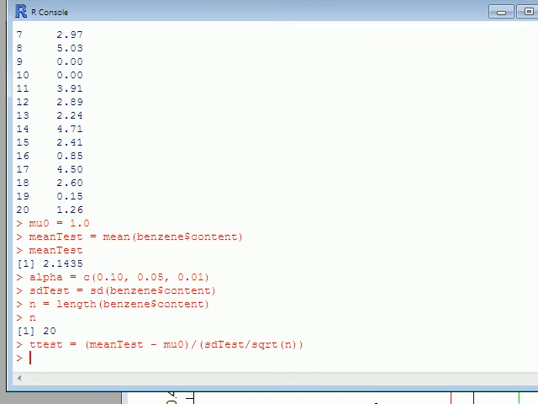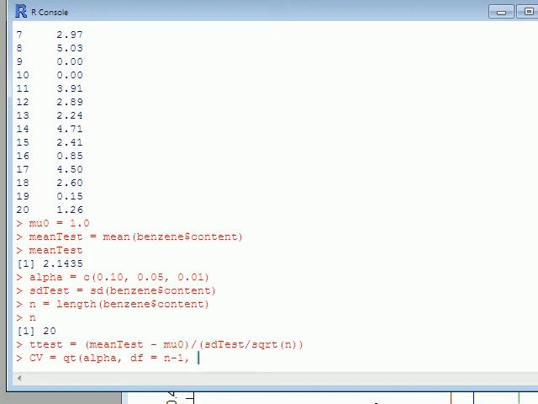Okay, I need to find the t critical values. So for the critical values, I'm going to use qt, and I'll get a vector of them because I have a vector of alpha values. So here's the alpha. Because it's t, I have to specify the degrees of freedom. So the degrees of freedom are always, for t, n minus 1.